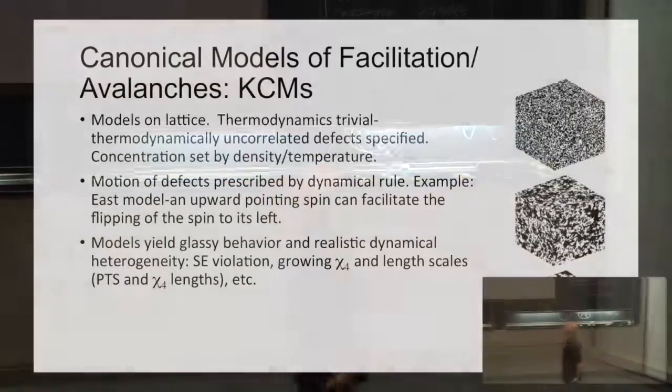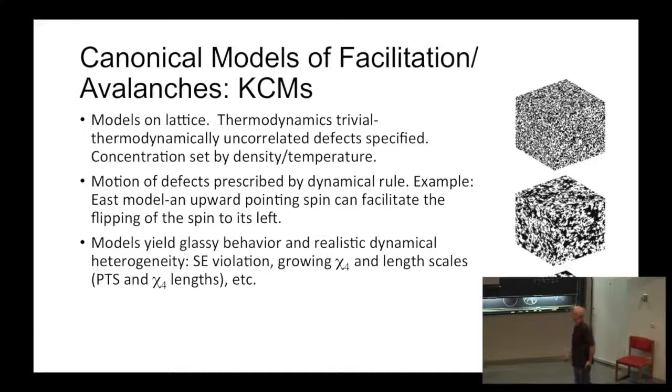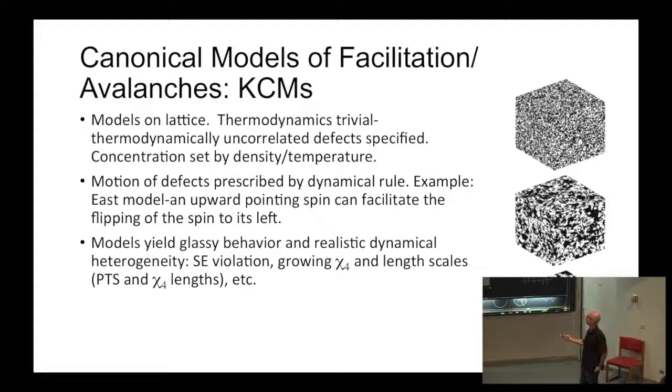So some of the predictions of these models, or the kinds of behavior that they yield, they can yield very realistic glassy behavior, where you have non-exponential relaxation, you have non-Arrhenius relaxation in the transport coefficients. They are dynamically heterogeneous in the way that we've talked about. They exhibit Stokes-Einstein violation if you define properly what you mean by diffusion and what you mean by viscosity.